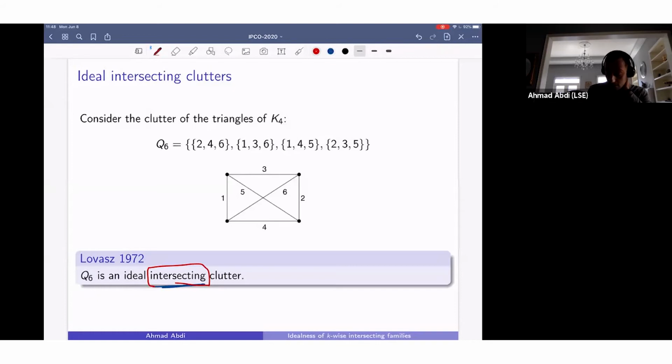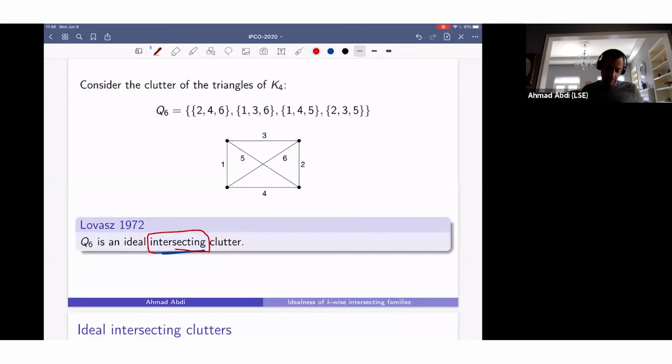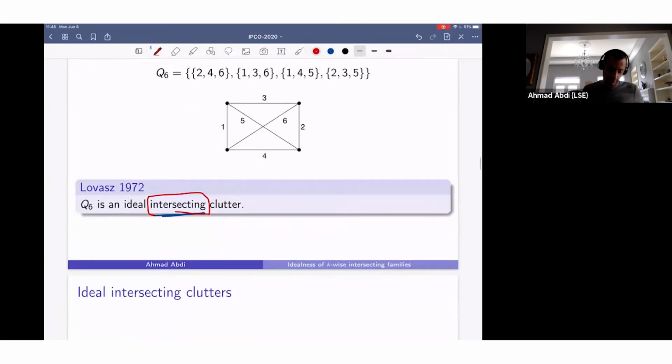However, it can be shown that it's an ideal clutter. I always leave it as an exercise in my courses, but it's a terse exercise. I'll show you a clean proof of this using the machinery we've developed.